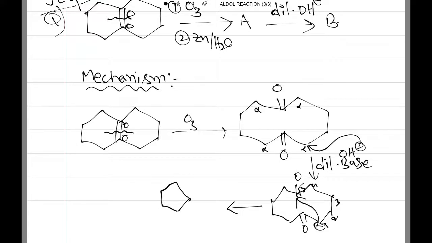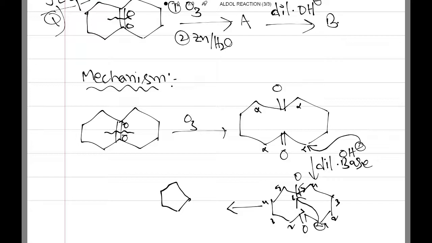And for the other one, write the ring numbering from the other side also: 1 2 3 4 5 and 6. On the other side we should write almost 5 carbons.